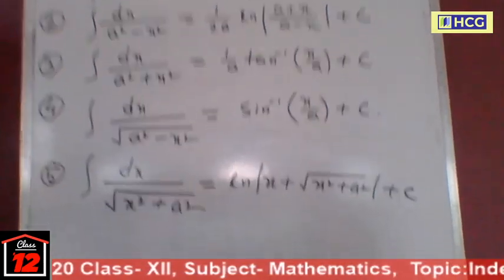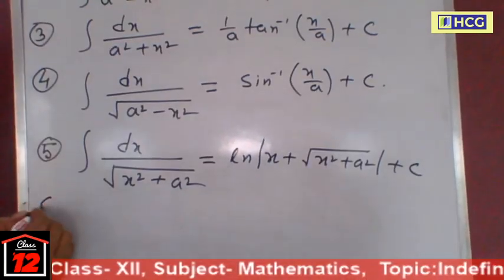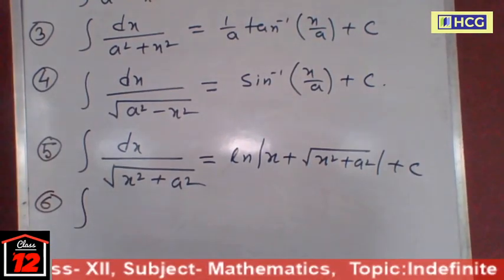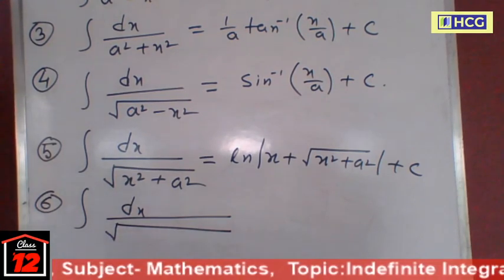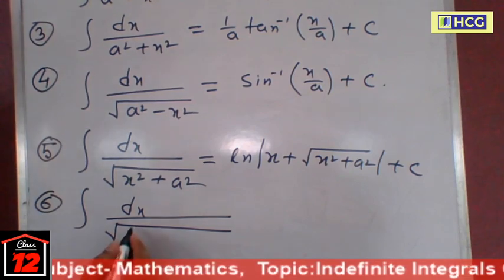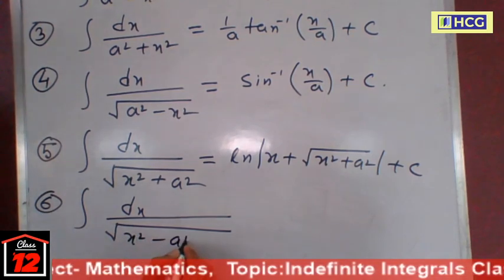C is an integration constant. And formula number 6: integration dx by square root x square minus a square.